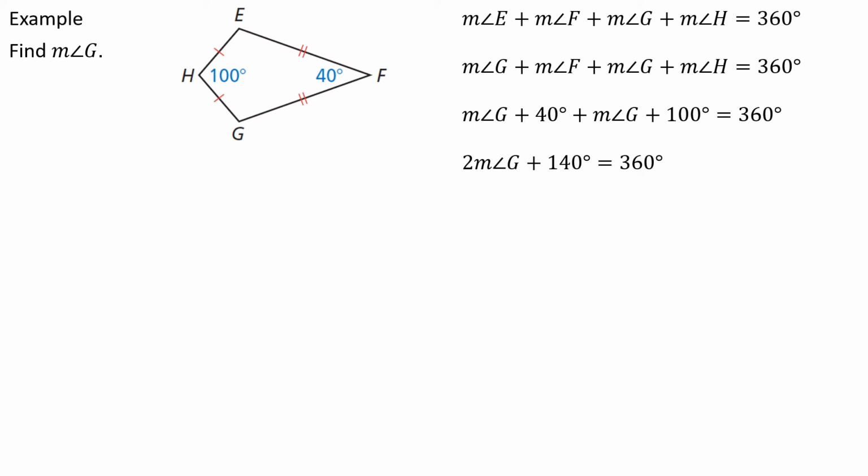The 40 degrees plus the 100 degrees is 140 degrees. I still have that 360 degrees on the right-hand side. What would be a good thing to do here? I'd probably subtract 140 degrees from each side. Finally, I don't want two times the measure of angle G. I just want the measure of angle G. Let's divide by 2.